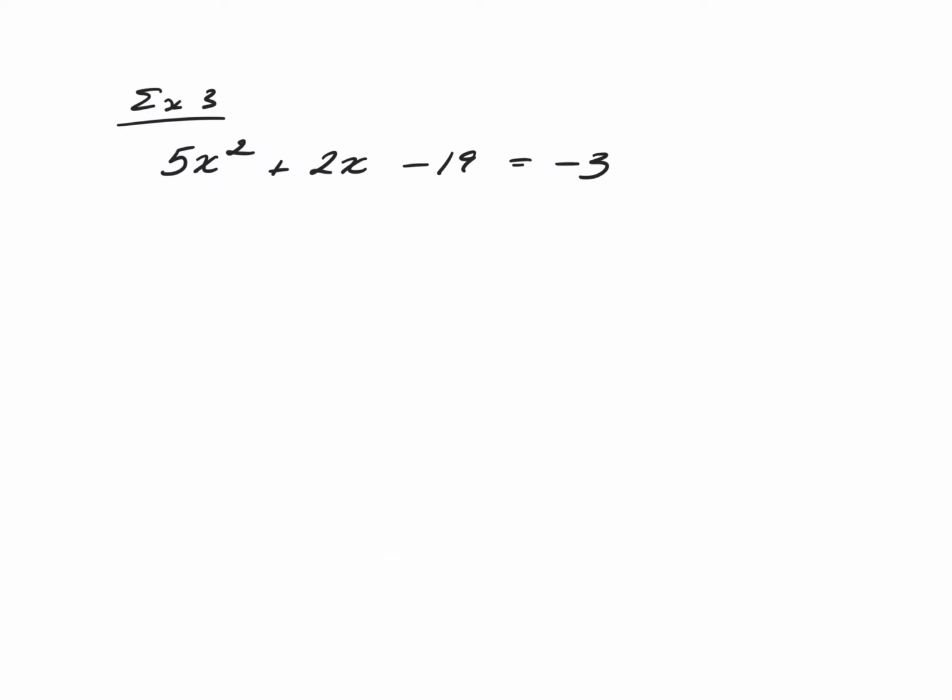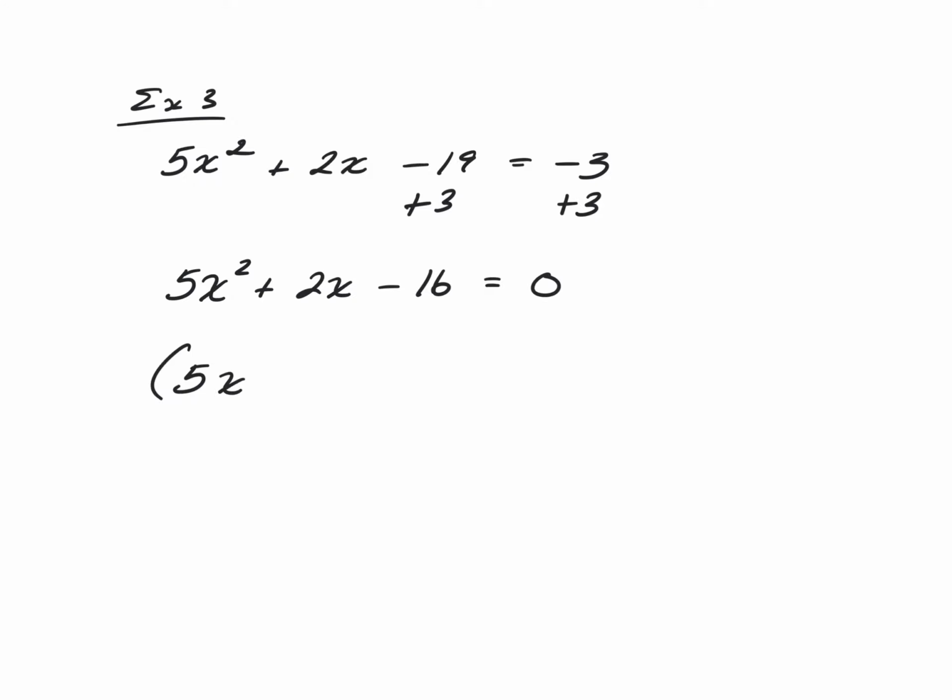All right, so next example, again, it's just another prime leading coefficient, which is nice, but here we go. So step 1 is, again, set your quadratic equal to 0. So I'm adding 3, so 5x squared plus 2x minus 16 is equal to 0. So now we can go through the factoring process.